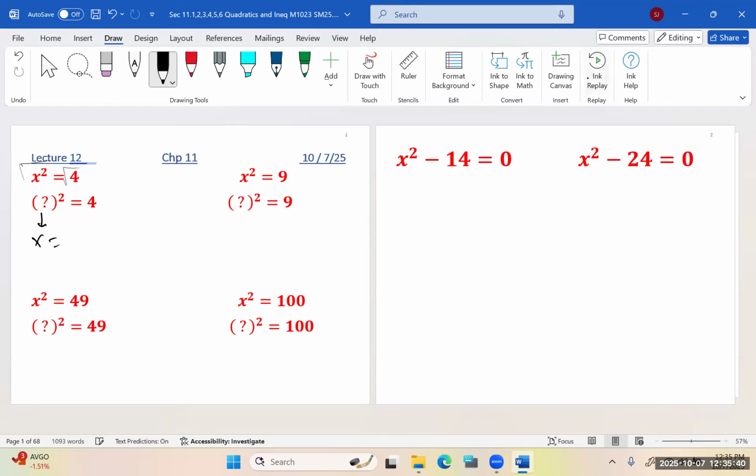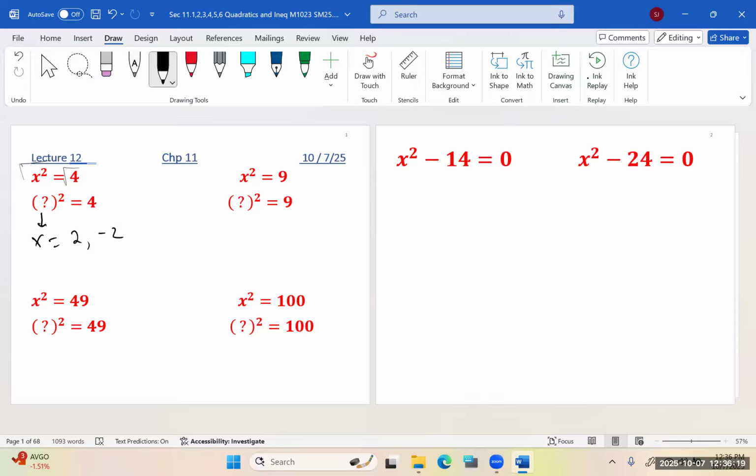Definitely it's 2. But there is also another number, -2. If you try to take the square root, the only number that comes to mind is +2, and you forget about -2. But there are two numbers that when squared turn into 4, positive 2 and -2. That's why when you take the square root on both sides, you're supposed to get two outcomes, one positive and one negative.